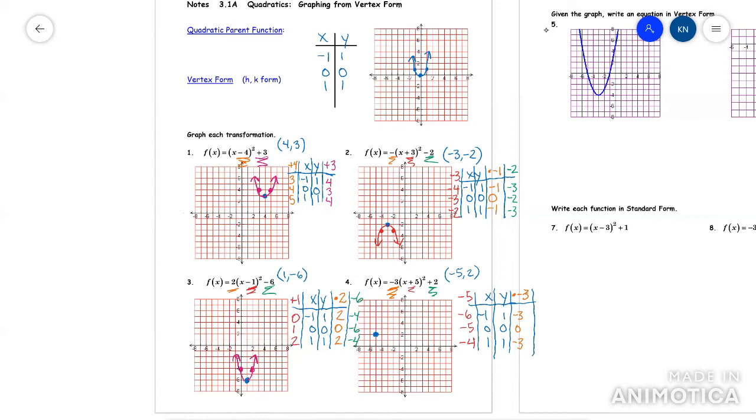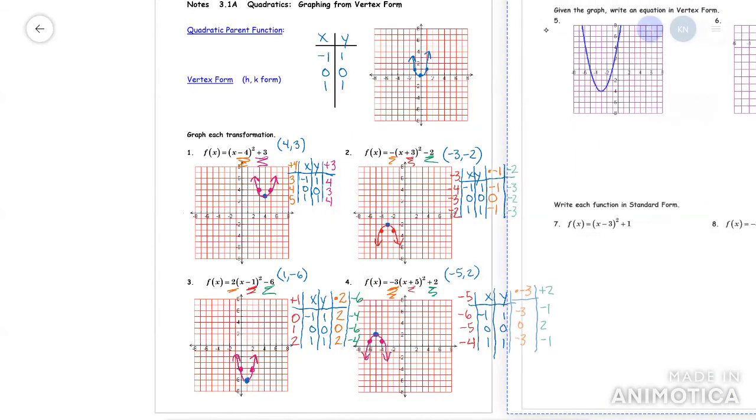It's affecting my y values. Graph it using the outermost points. Nothing to it. Okay.